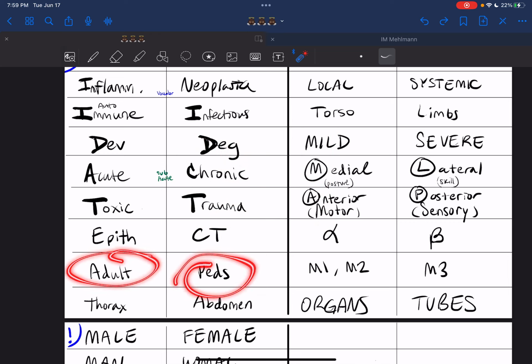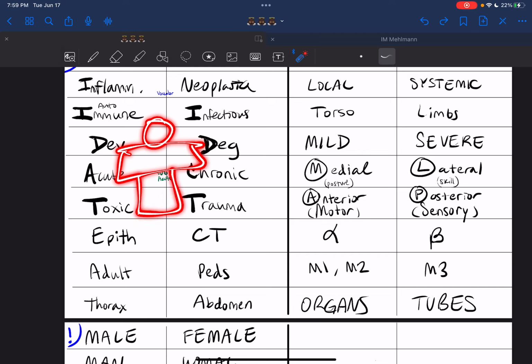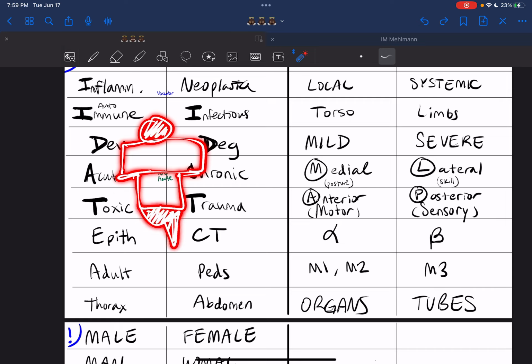Adult versus peds. Thorax versus abdomen. The two parts of the torso. Most of the important stuff in medicine is in the torso. Thorax and abdomen. Then you have some stuff in your head, and you have some pelvis and some limbs. But if you remove your limbs, and your limbs are mostly just muscle and bone, it's not that complicated.